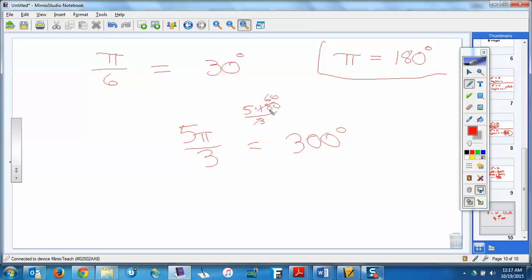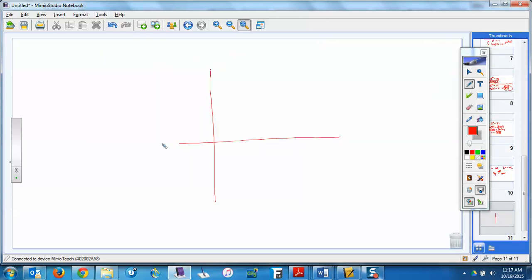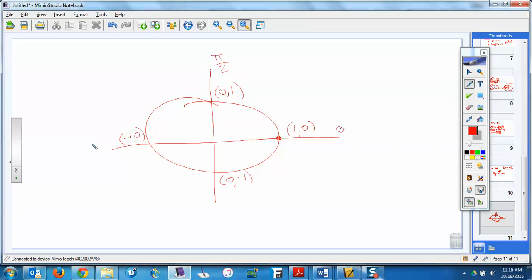And then the last comment I'd make, because I'm going to let you kind of do some of this on your own, is the old unit circle business. Of course this is 0 radians, this is pi halves.